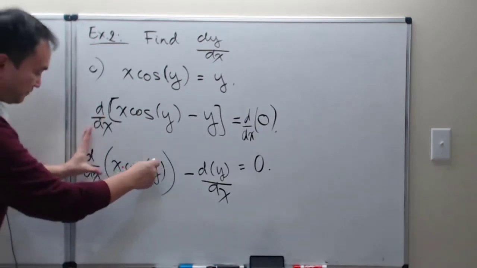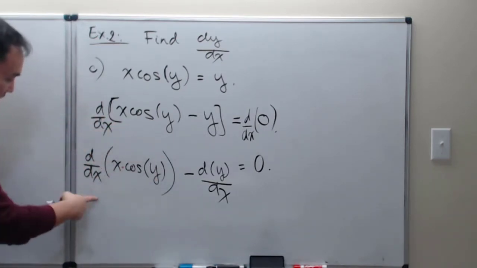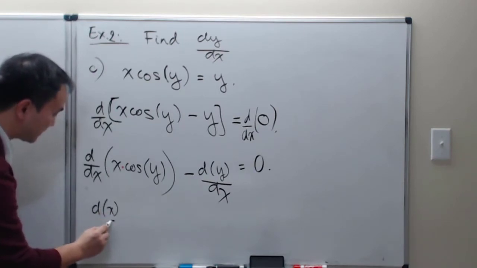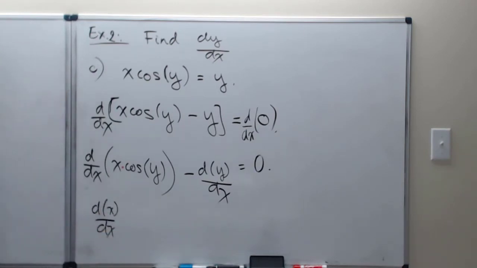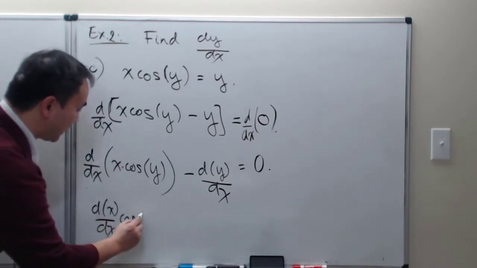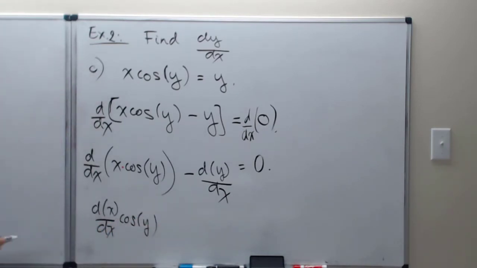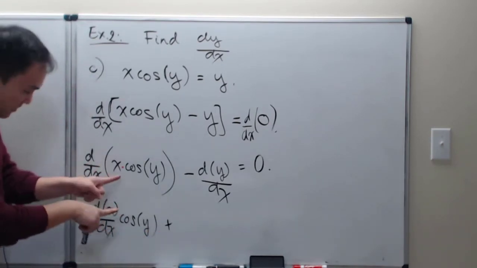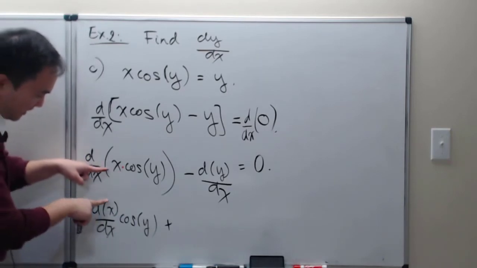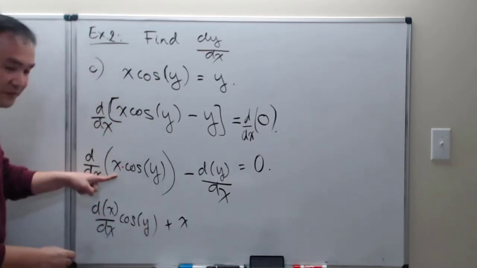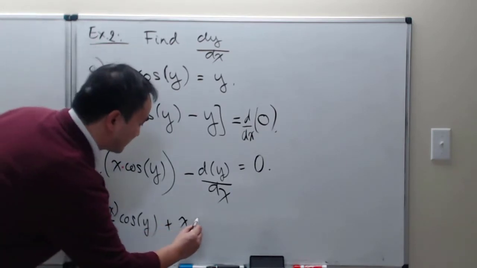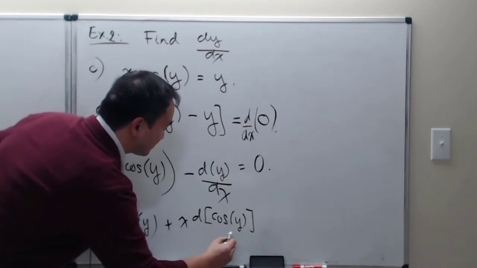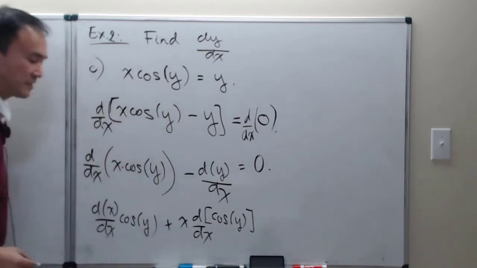In my next step, taking the derivative of a product gives me d, the derivative of the x factor with respect to x, multiplied with cosine of y, leaving cosine of y the same, and I'm going to add, because there's a product, the product rule: I leave the first factor x the same and take the derivative d of the cosine of y with respect to x.